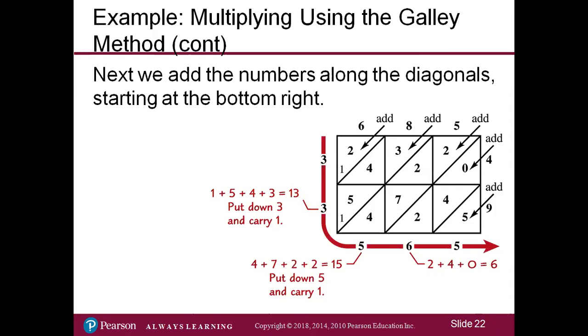And now you write the number just like we read it. We build the number from ones to tens to hundreds, but we write it in the opposite direction. So we write 3, 3, 5, 6, 5, and that becomes 33,565. So the final product is written along the edge.